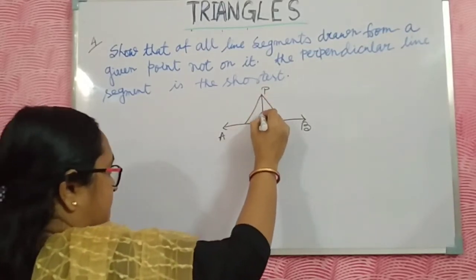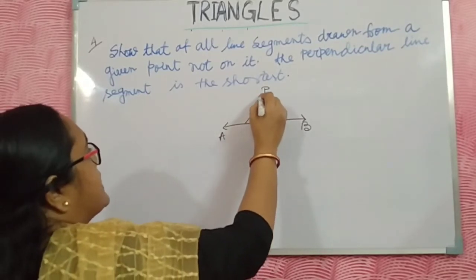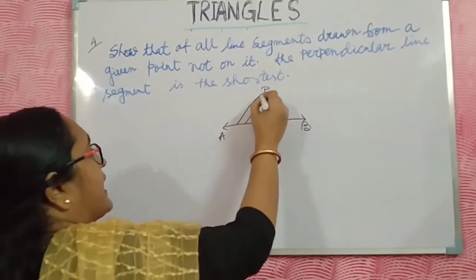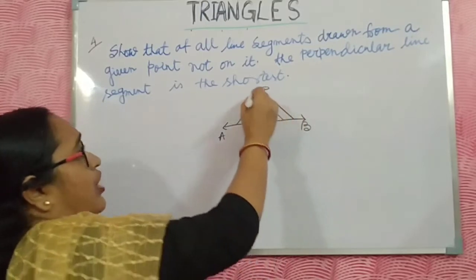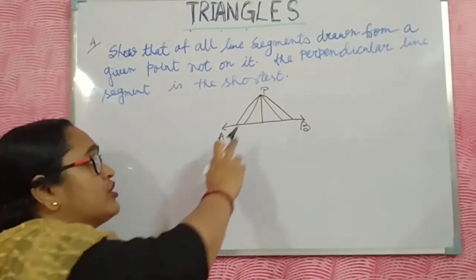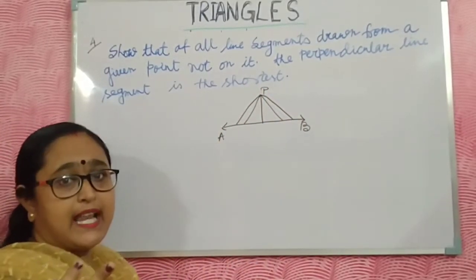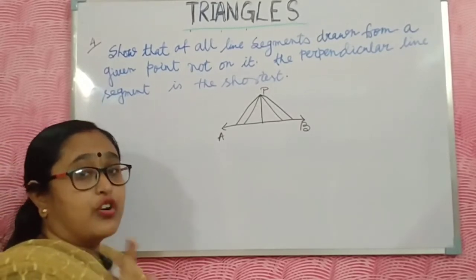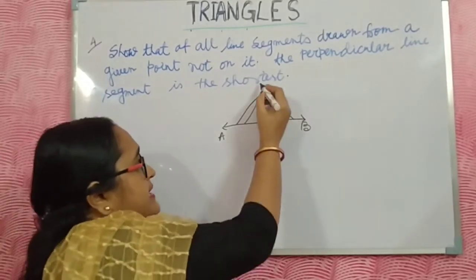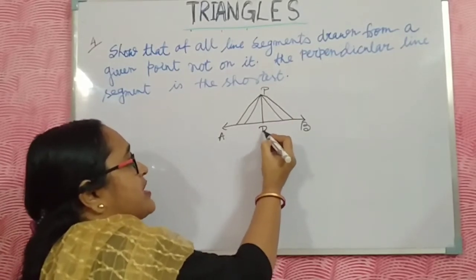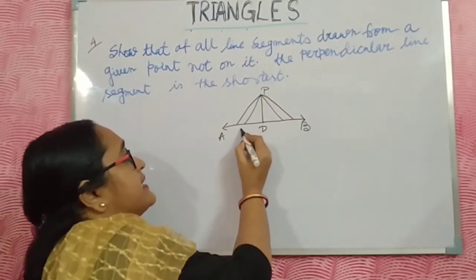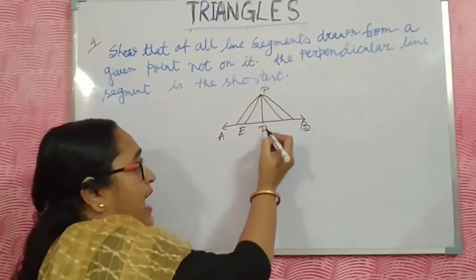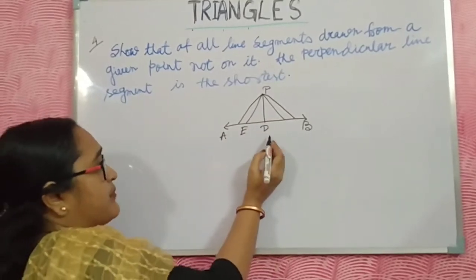That means if you draw any line segment from a given point outside the line, the perpendicular distance is the shortest distance. That means you have to prove it. I write here PD, and here also E. You have to prove that. This is the meaning of the question.